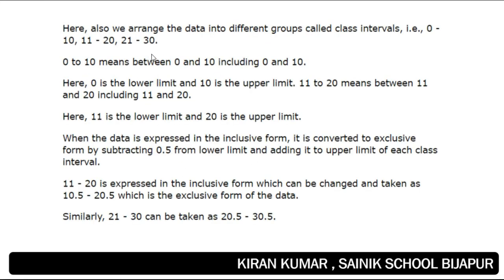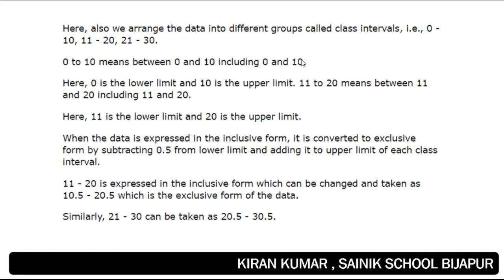Here we arrange the data in different groups. The class intervals are 0 to 10, 11 to 20, 21 to 30. 0 to 10 in this inclusive type means the number is between 0 and 10, including both 0 as well as 10.